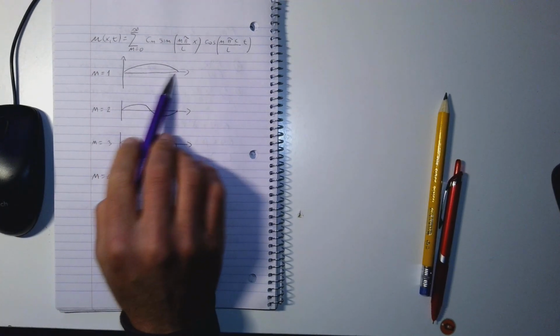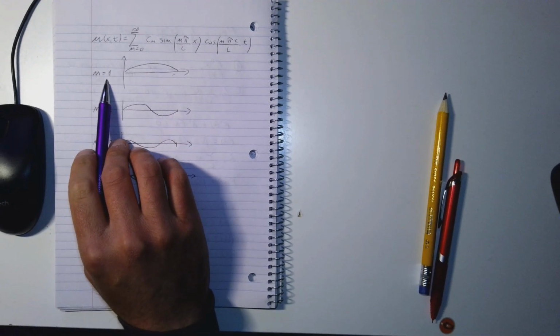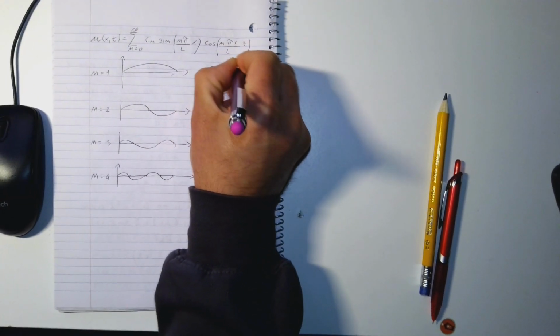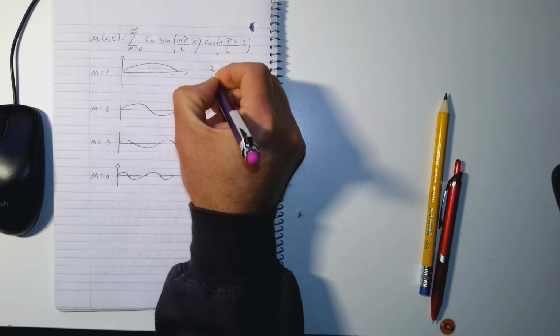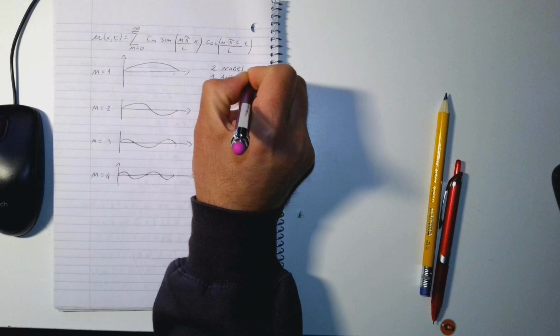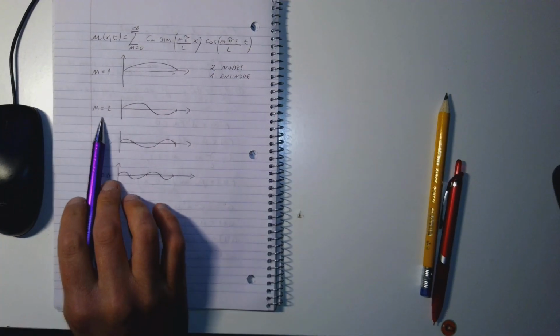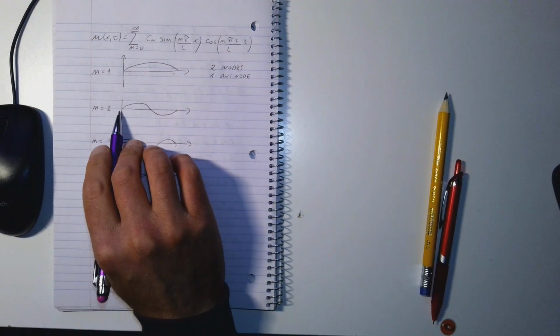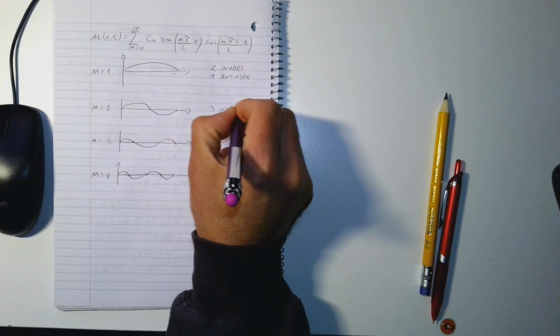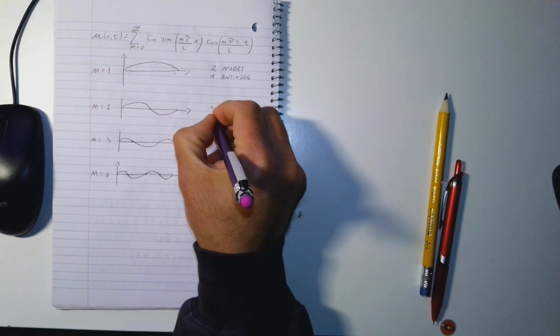So for example, in this case, for n equal to 1, we have 2 nodes and 1 antinode. For n equal to 2, we will have 3 nodes and 2 antinodes, and so on.